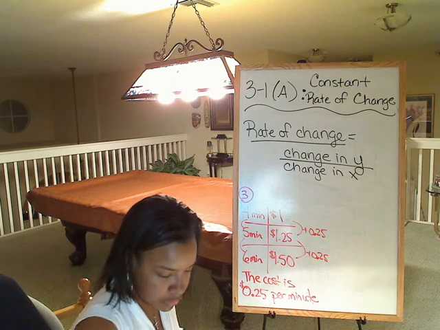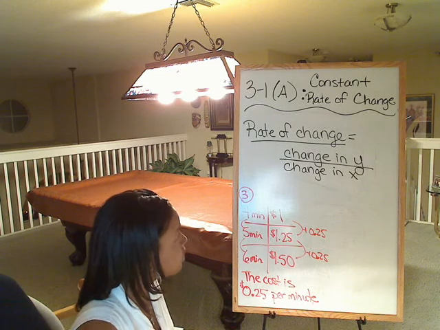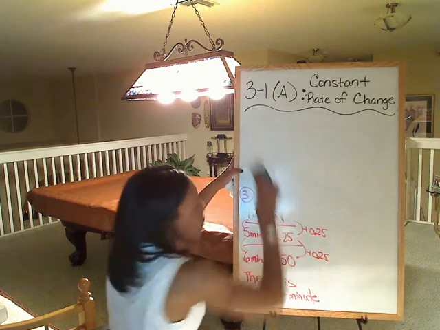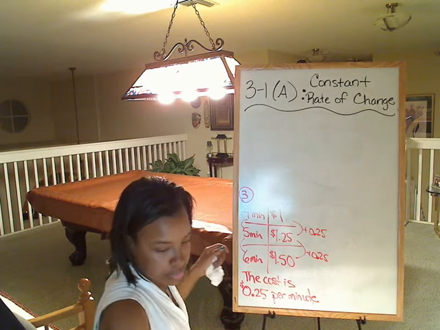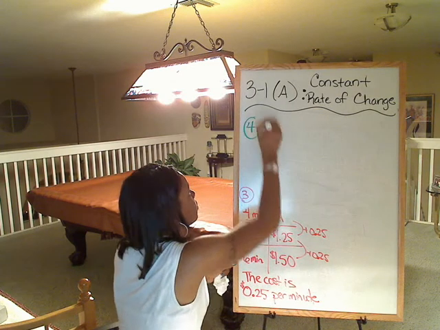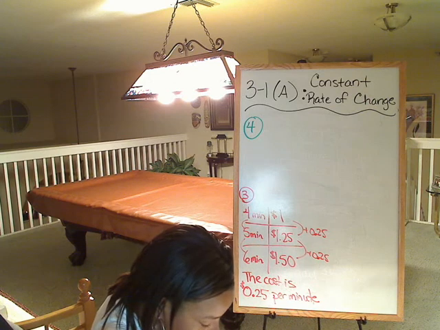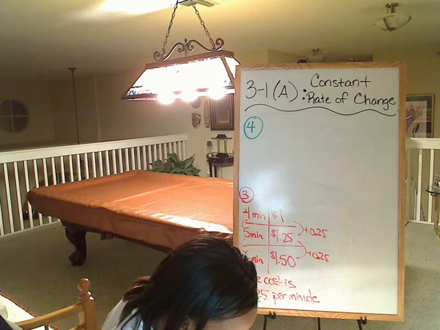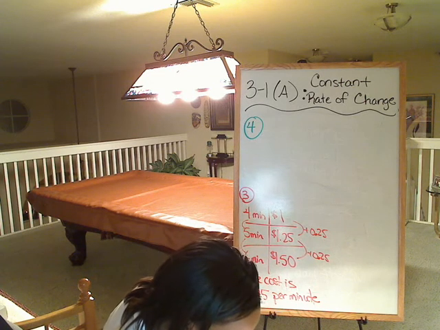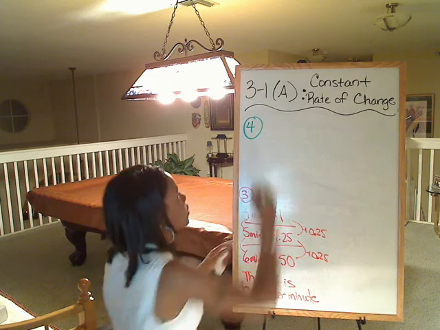Let's do number 4, which is asking us to look at company B. They want us to interpret the same thing, so let's find 3 points for company B. At 4 minutes, company B costs 50 cents.